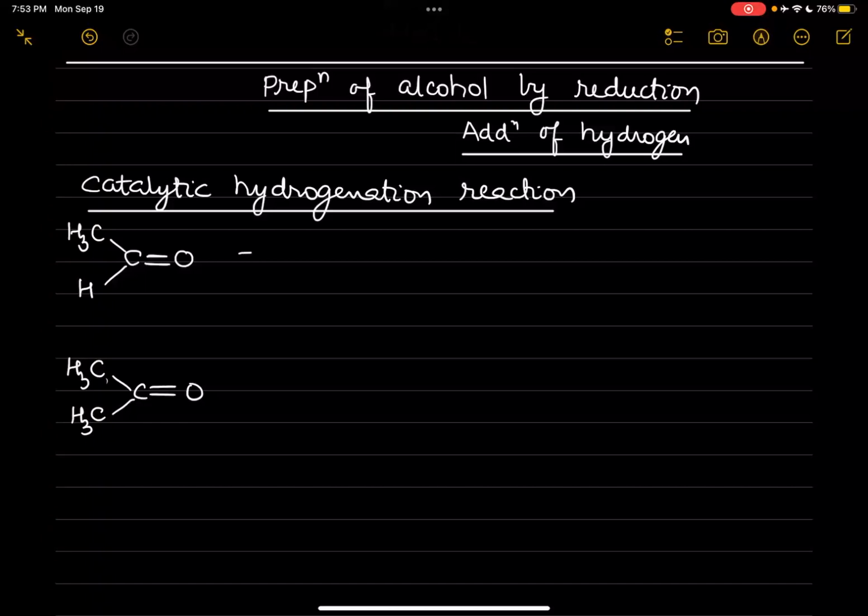Okay. So what we are going to take is hydrogen, and we can take some catalyst. The catalyst can be nickel or Raney nickel, also platinum, palladium. Actually, these are metals. They help to break the double bond easily. Right.